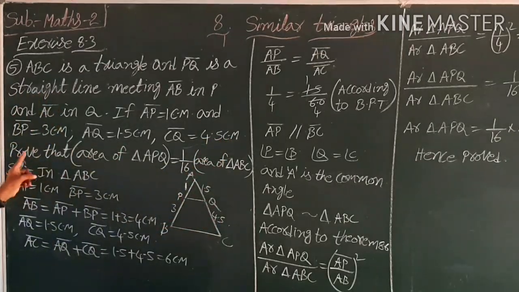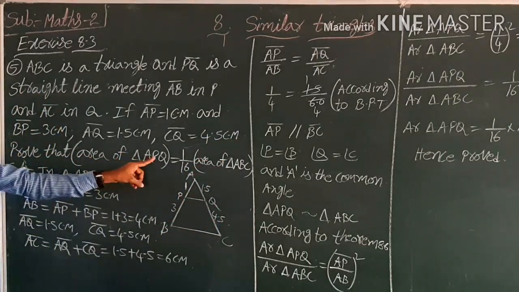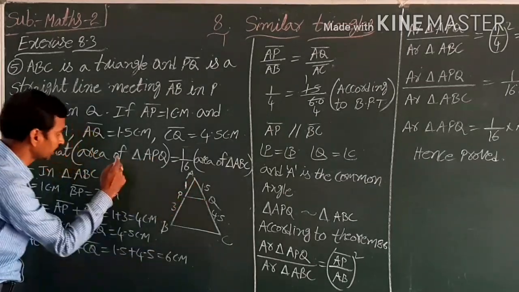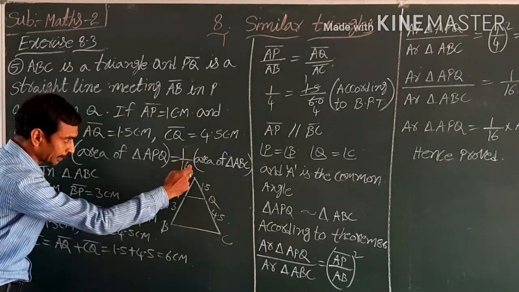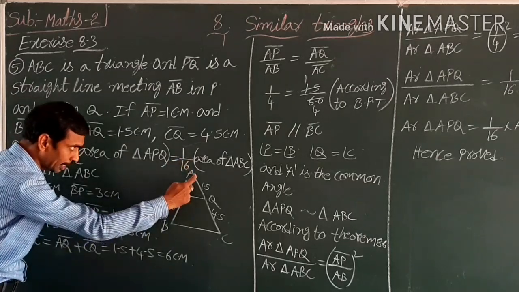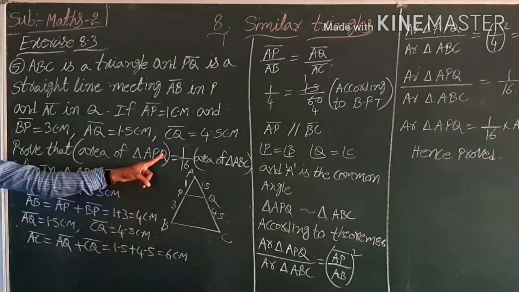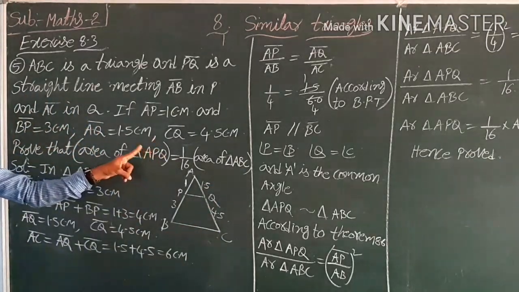Now we can prove that the area of the small triangle APQ is equal to 1 by 16 of the total triangle ABC. This problem we can do using theorem 8.6.